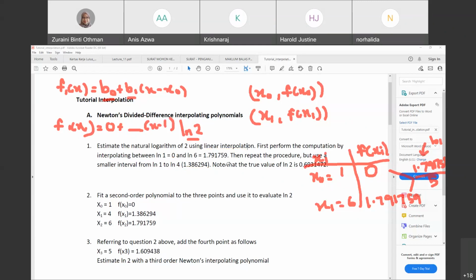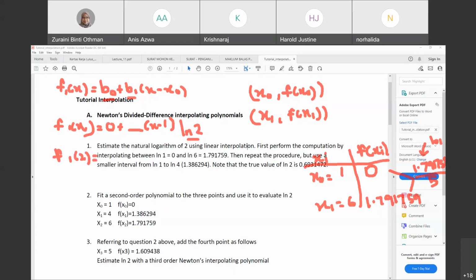Okay, now dia suruh cari perform the computation dengan yang ini. So sekarang kamu kena cari f1(2).